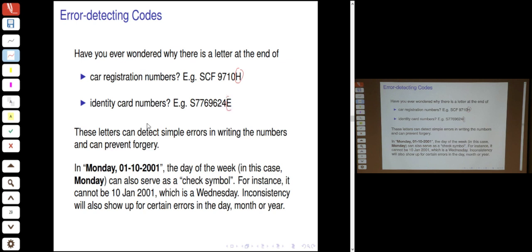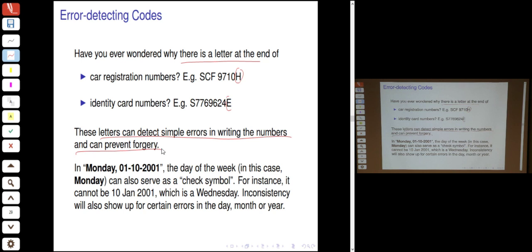Why is there a letter at the end of a number? You could just give me the number. So, what is the significance of this letter? The point of these letters is precisely to do these error checks and if possible error correction. These letters can detect simple errors in writing the numbers and can prevent forgery.